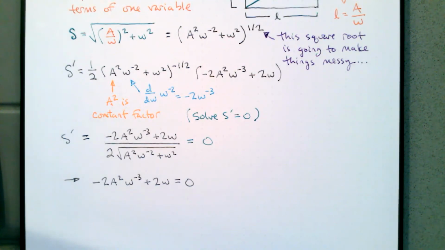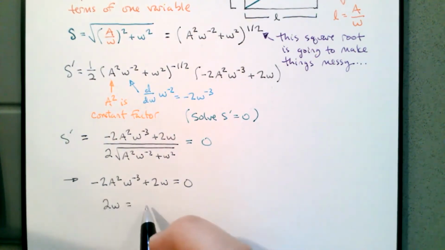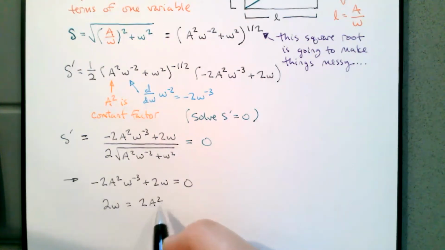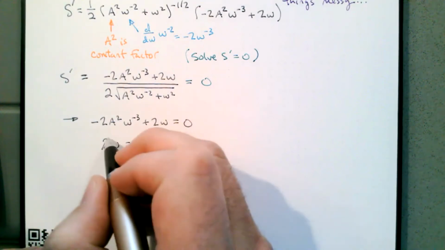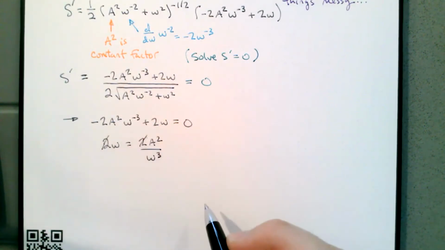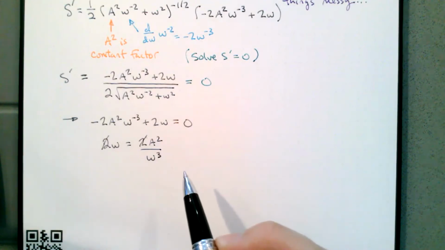But now we've got an equation. Let's solve it. I'm going to put the negative stuff on the other side, and I'm going to write 2W is equal to 2A squared over W to the 3rd. And then I'm just going to hit this with the algebra stick for a while. I'm going to get rid of those 2's. I'm going to divide both sides by 2 because 2 is not W. I'm not concerned with the case where W is equal to 0 because then I won't have any area at all.